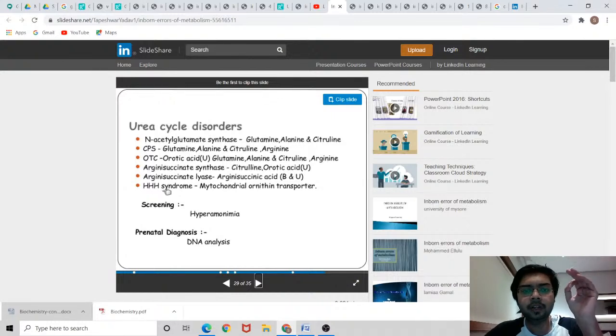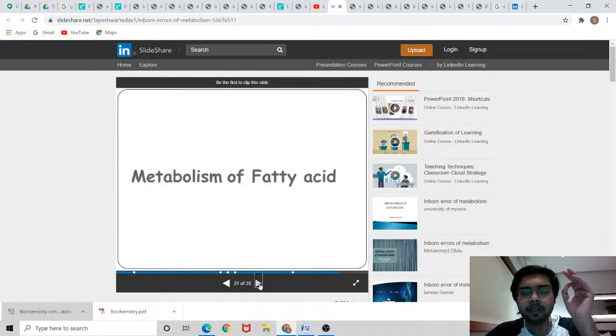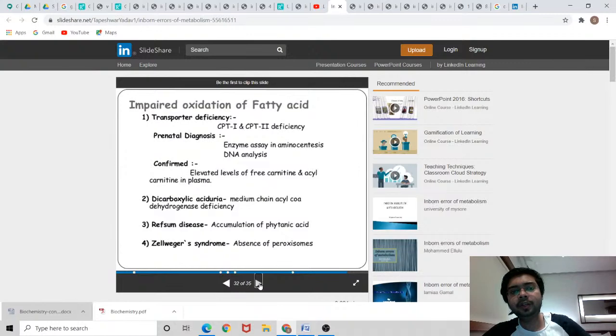HHH syndrome: what is wrong here is the mitochondrial ornithine transporter, which is deficient. And other things you can just see: orotic acid, OTC, CPS is glutamine and all. Uric acid is important but very basic, so I'm not going much into it.